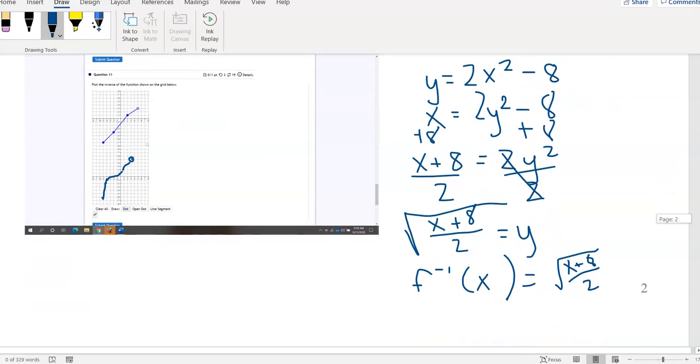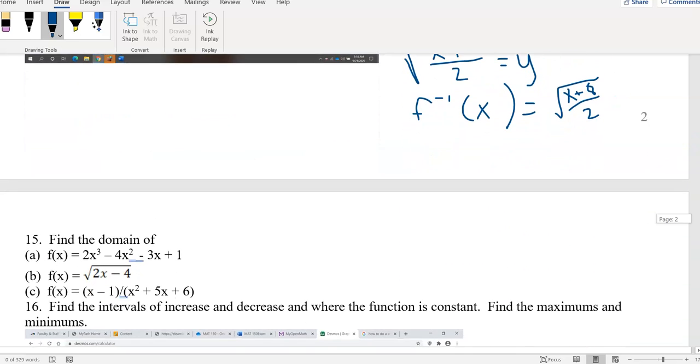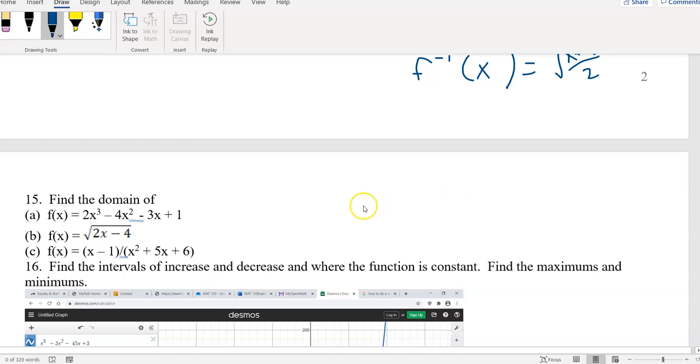All right, let's see what the next ones are. Yeah, let's go ahead and do a few of these since I have a little bit of time left on the video. All right, now let's remember, if we have no fraction and no square root, the domain is all real numbers. So the first one is easy. Its domain is -infinity to +infinity.